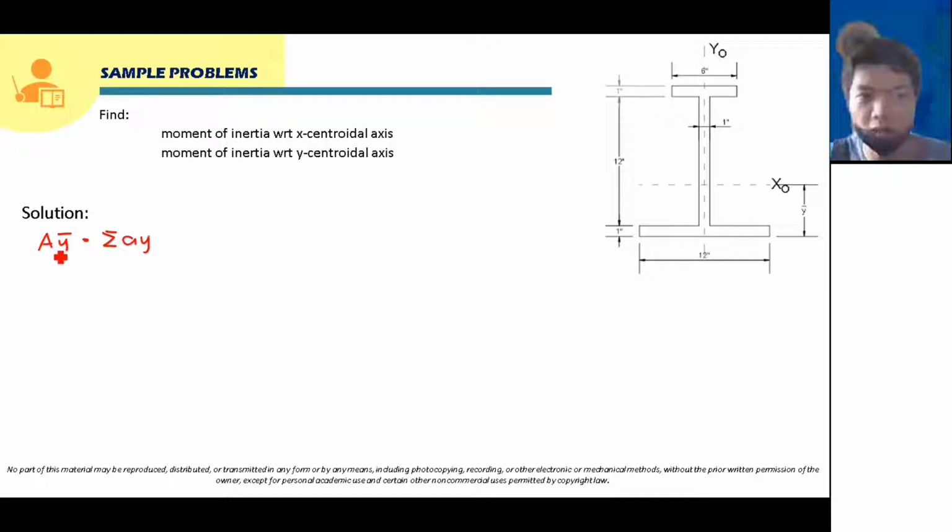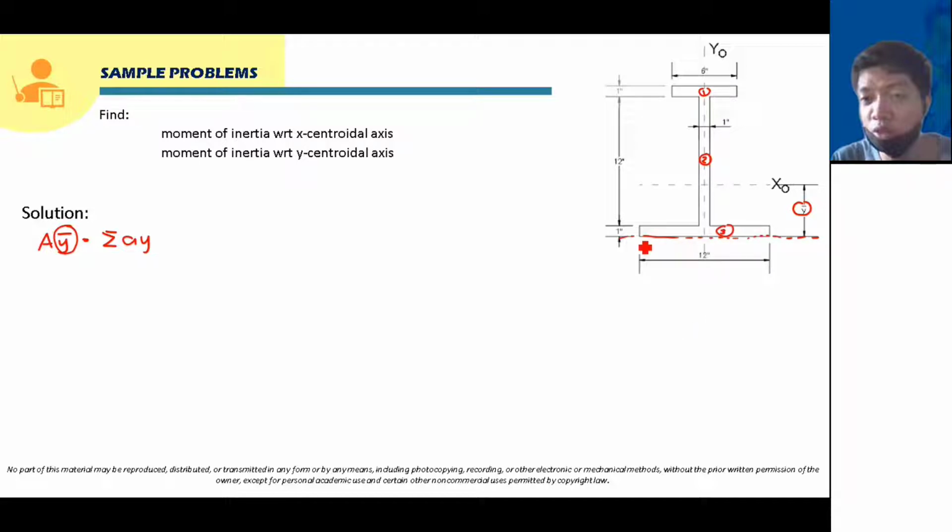In determining the y bar, our reference axis will be here at the bottom, because that's where we measure y bar from. Anyway, class, you can create a table wherein you assign this as your area 1, here at the middle this will be your area 2, and here at the bottom this will be your area 3.